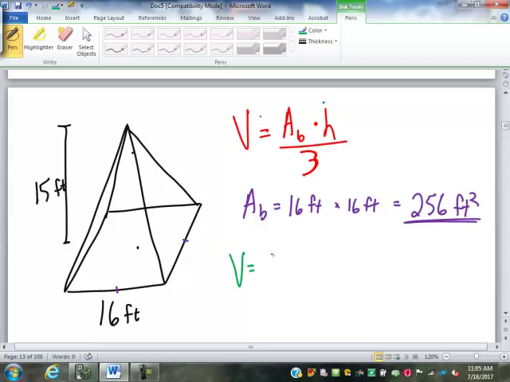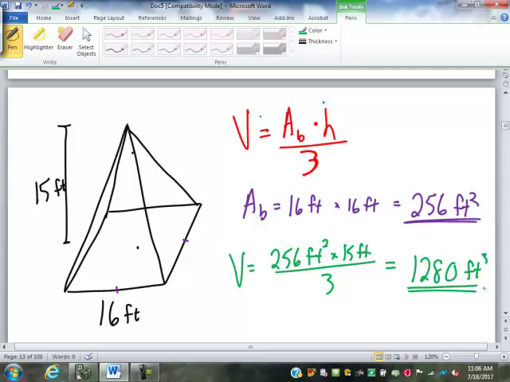Volume, 256 square feet times my height of 15 feet divided by 3. $256 times 15 divided by 3 is 1,280.